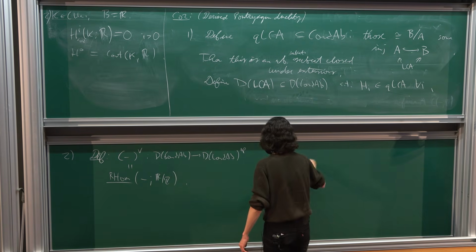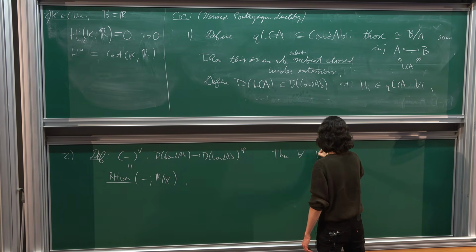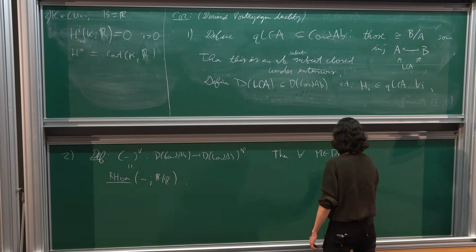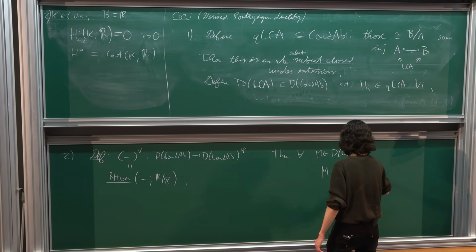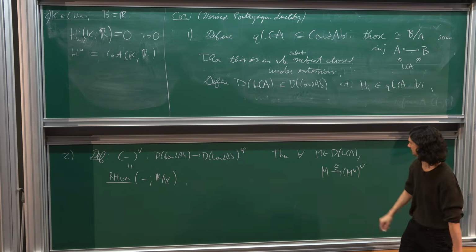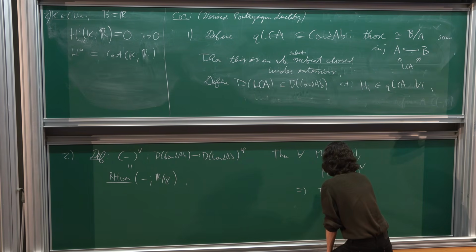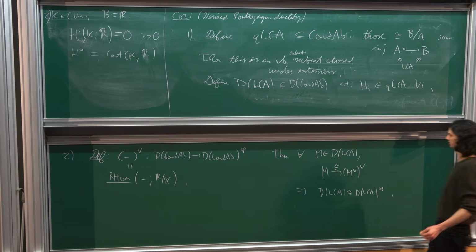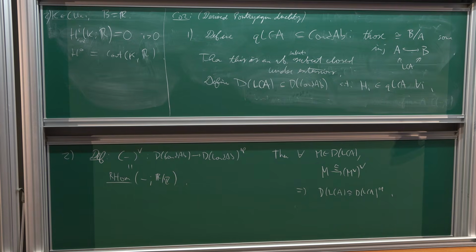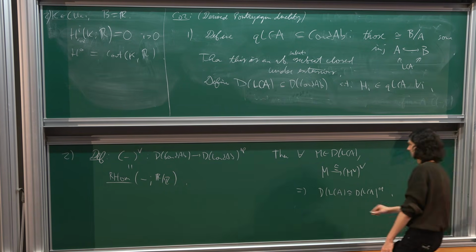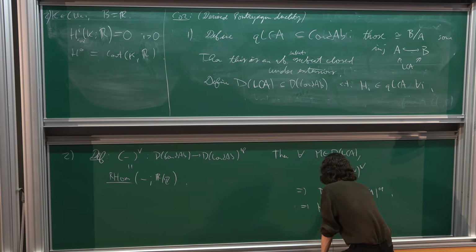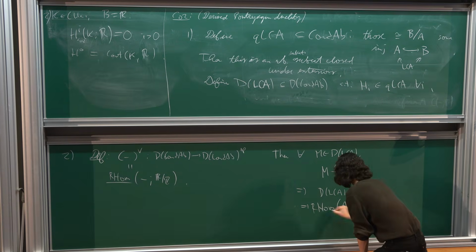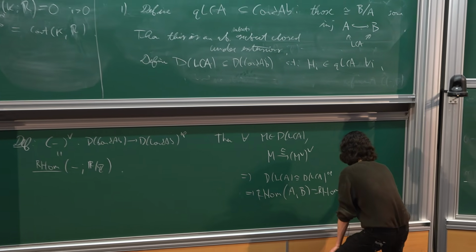Then for all M in D(LCA), this natural map, which you always have for obvious reasons, is an isomorphism. So it's a contravariant self-equivalence like this. And that also means that RHom from A to B is the same as RHom from B dual to A dual.